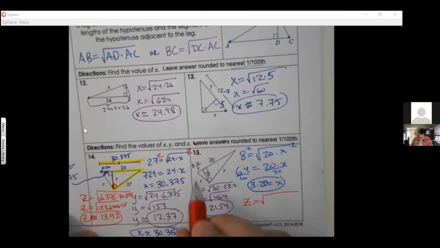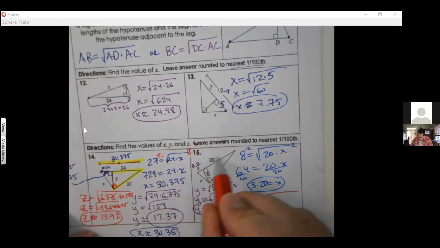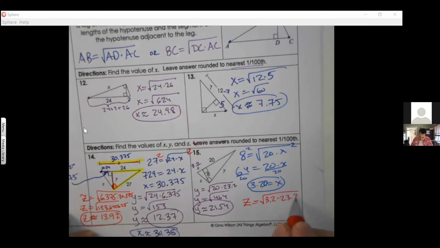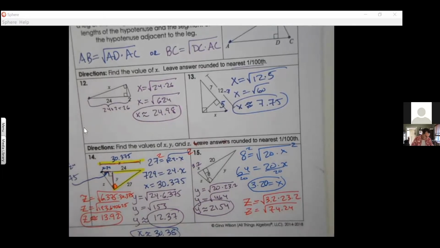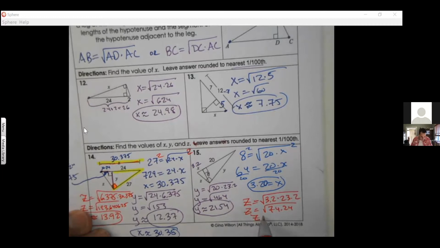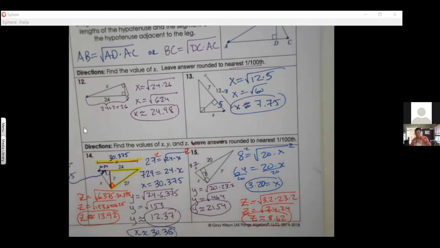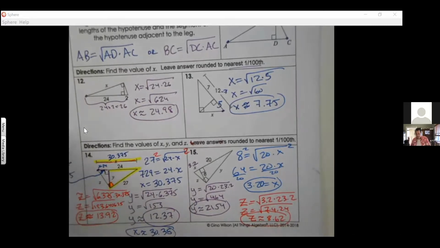Z equals the square root of the first little part here, 3.2, times the whole side, 23.2. So that means z equals square root of 74.24. Z is about equal to 8.62. Okay, that gives us all the problems we need to do.